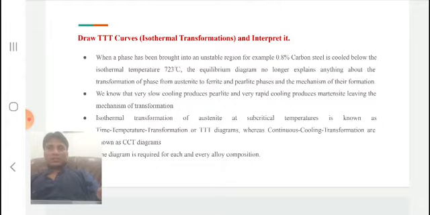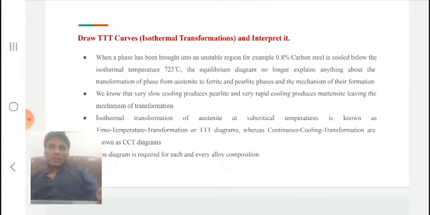This diagram is required for each and every alloy composition. So the TTT diagram or CCT diagram is not applicable for all varieties of steels. For every individual composition of steel, we will have TTT curves and CCT curves.